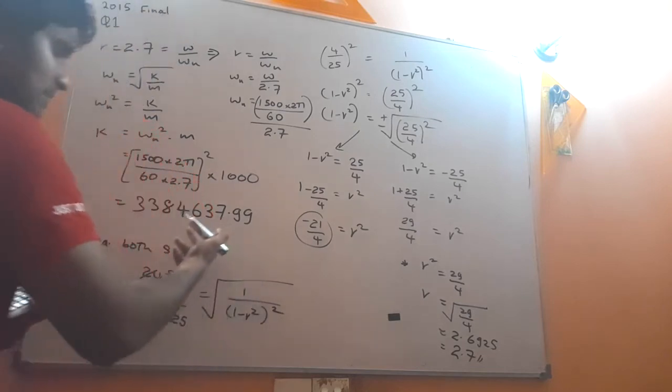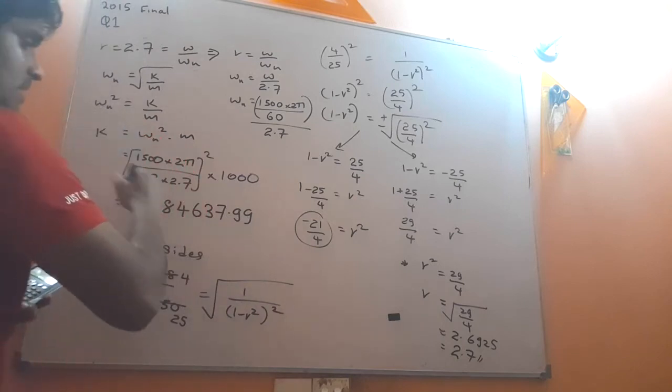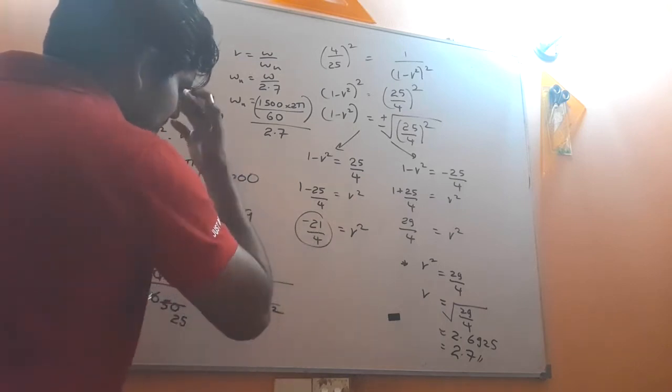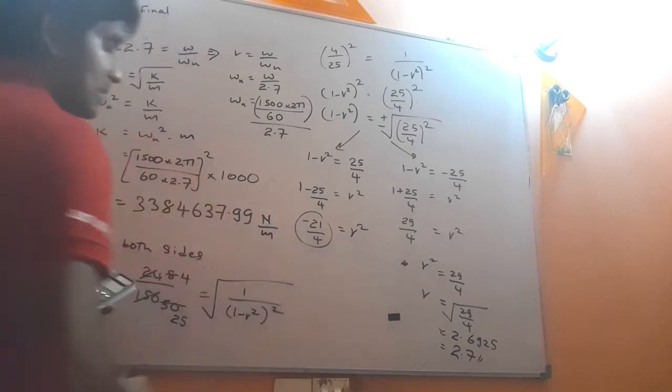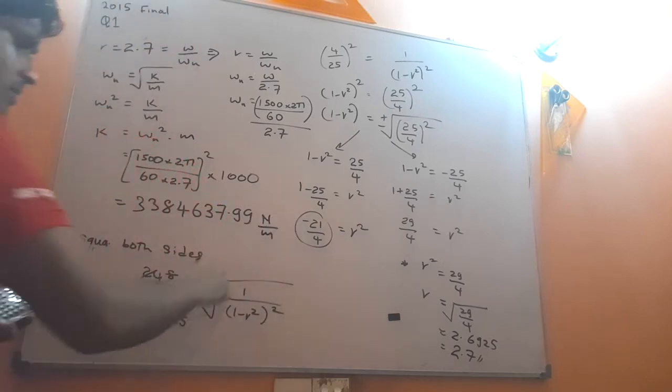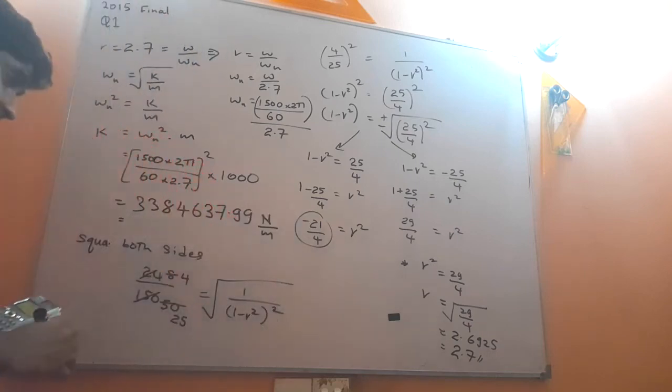What will be the units? Stiffness means it will be newtons per meter, N m^-1, right. So now it's a very large value.